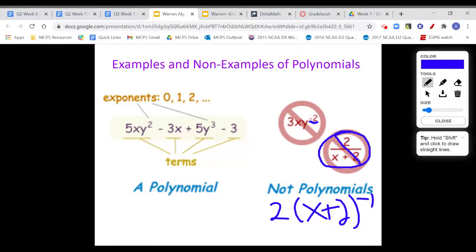If something's in the denominator of a fraction, we know we can flip it to the numerator by making its exponent negative. We talked about that in first semester with exponent laws. So essentially this is a negative exponent, even though you don't see it written on the page. With that being said, I'm not expecting you to rewrite it like this. That's just the explanation behind why. You really need to know that if the variable is in the denominator of a fraction, then it is also not a polynomial.